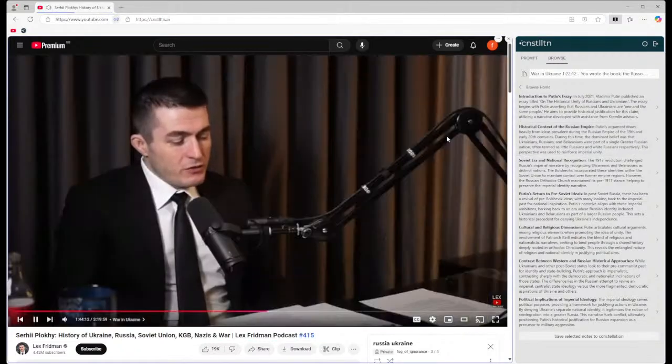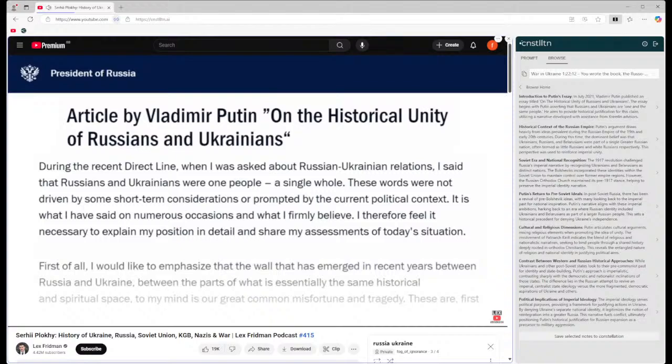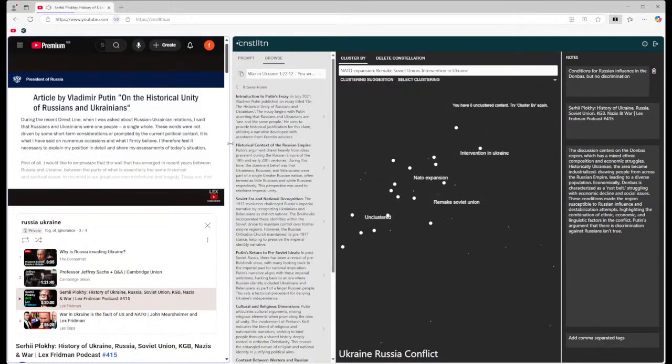So as we get closer to February of 2022, there's a few other key moments. Maybe let's talk about in July 2021, Putin publishing an essay titled "On the Historical Unity of Russians and Ukrainians." Can you describe the ideas expressed in this essay?